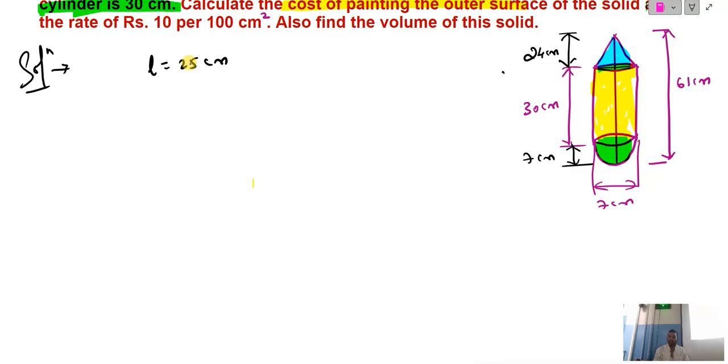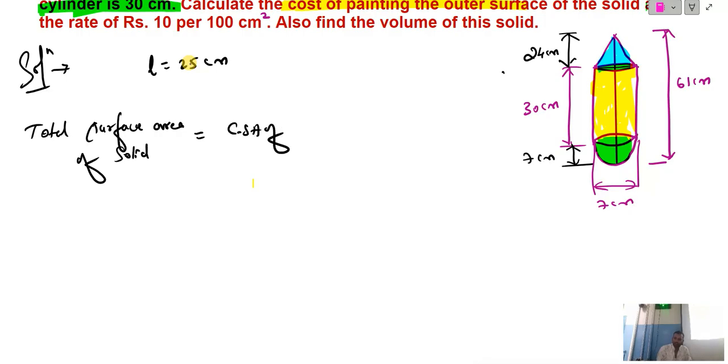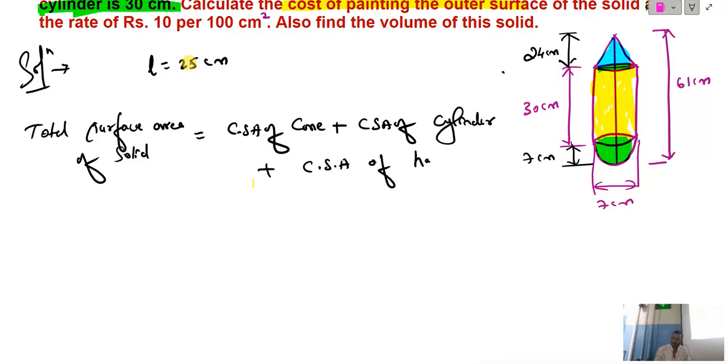Now, I want to find the total surface area of this solid. Total surface area of solid is equal to curved surface area of cone plus curved surface area of cylinder plus curved surface area of hemisphere.